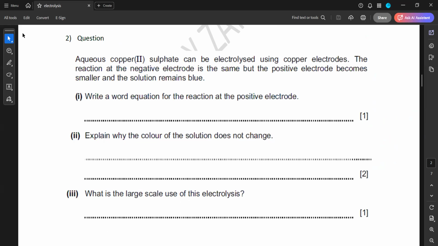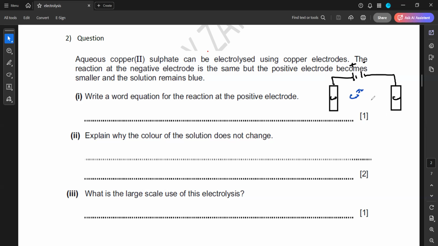In question 2, aqueous copper 2 sulfate is electrolyzed using copper electrodes. So what happens if we use copper electrodes? It's a bit different from the carbon electrodes. The anode is made up of copper, the cathode is also made up of copper, and the electrolyte is aqueous copper sulfate.